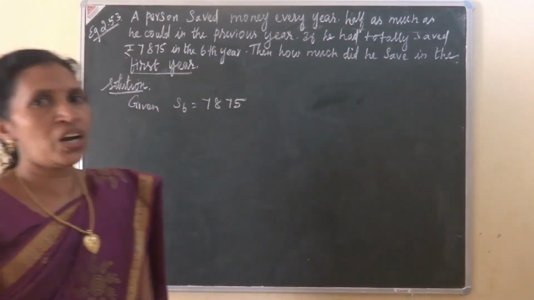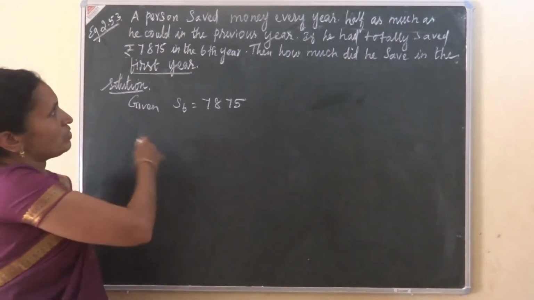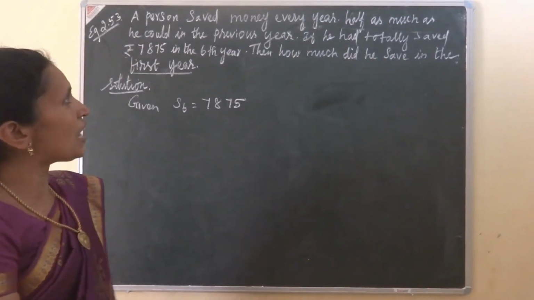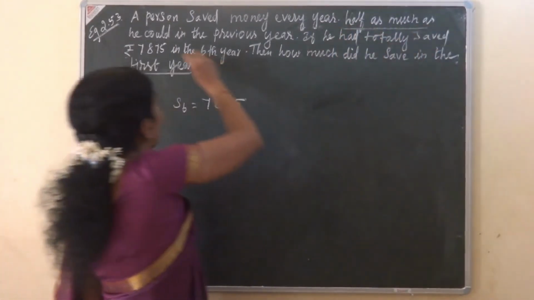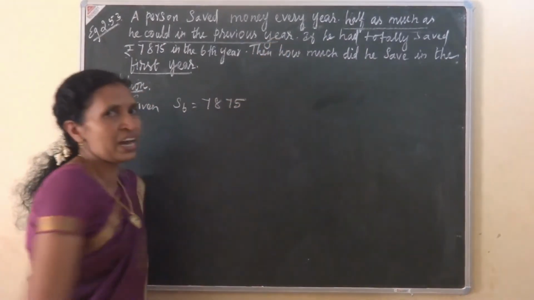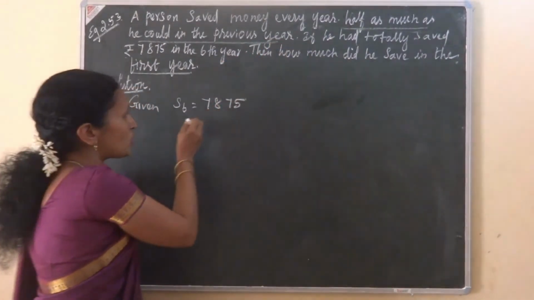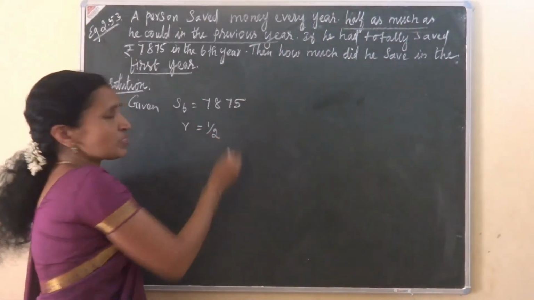According to the question, you have to write the values. Listen once again. Here R is 1/2. Clear?